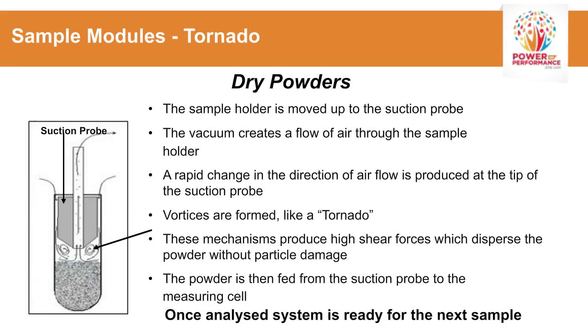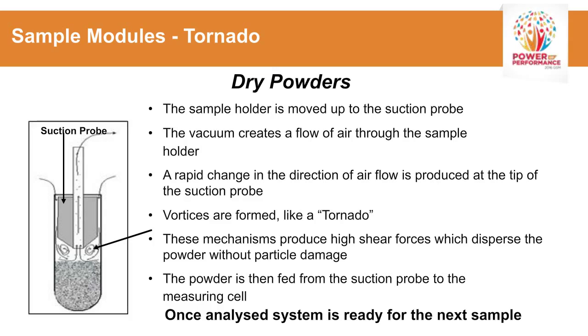A little closer up, what happens is we create vortices right above the surface of the particles as the platform rises and particles start going through. The computer controls that platform that I mentioned because it wants to control the feed rate, so we have a constant flow of particles in front of the beam.